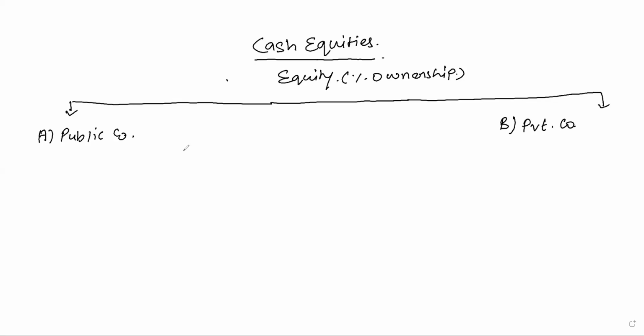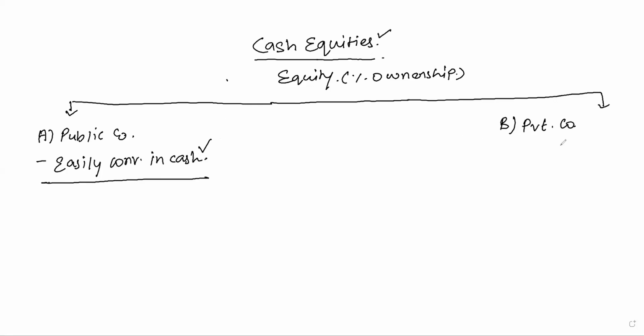Basically, what I am asking you is which shares would be easy to sell? Which shares would be easy to liquidate? Public company shares, correct? These shares are easily convertible in cash. So the liquid portion of my investments that can easily be converted into cash is called cash equities.